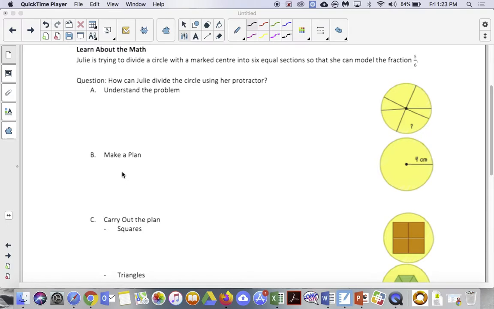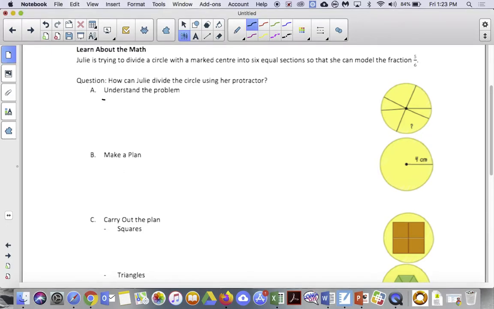So I know that I need to divide the circle into 6 equal parts.